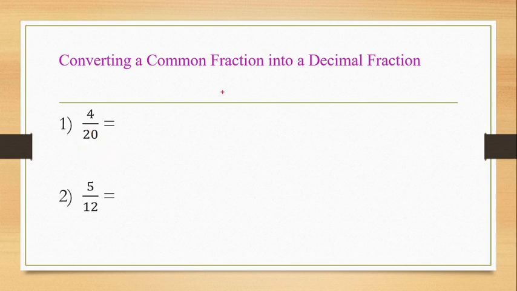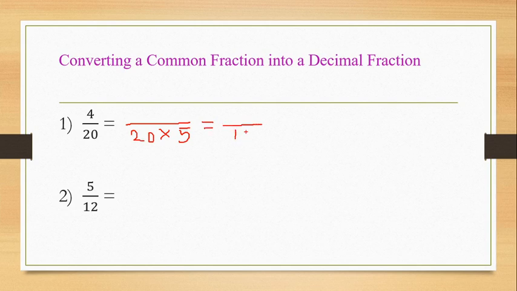Let us convert the denominator to be 100. If I multiply 20 by 5, it will be converted to 100. So 20 multiplied by 5 will give you 100.